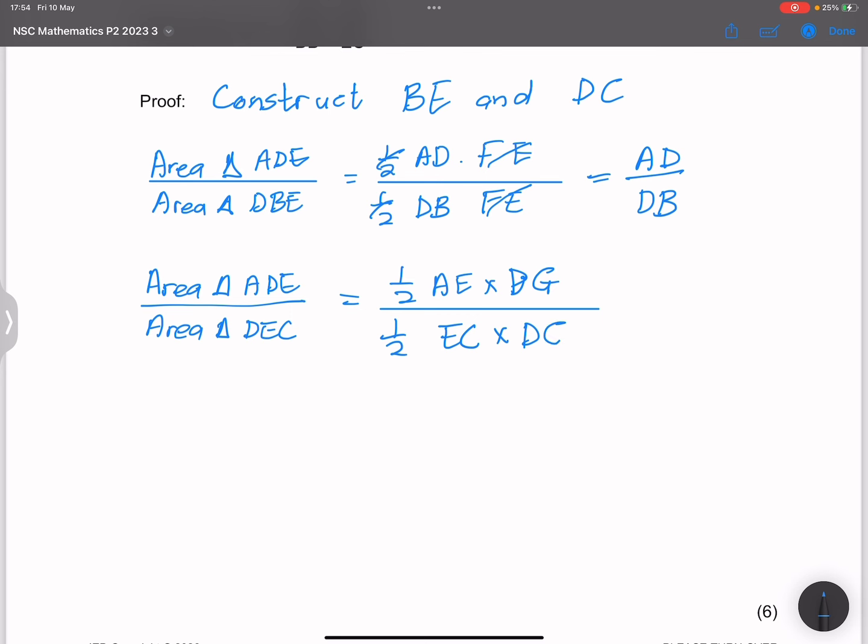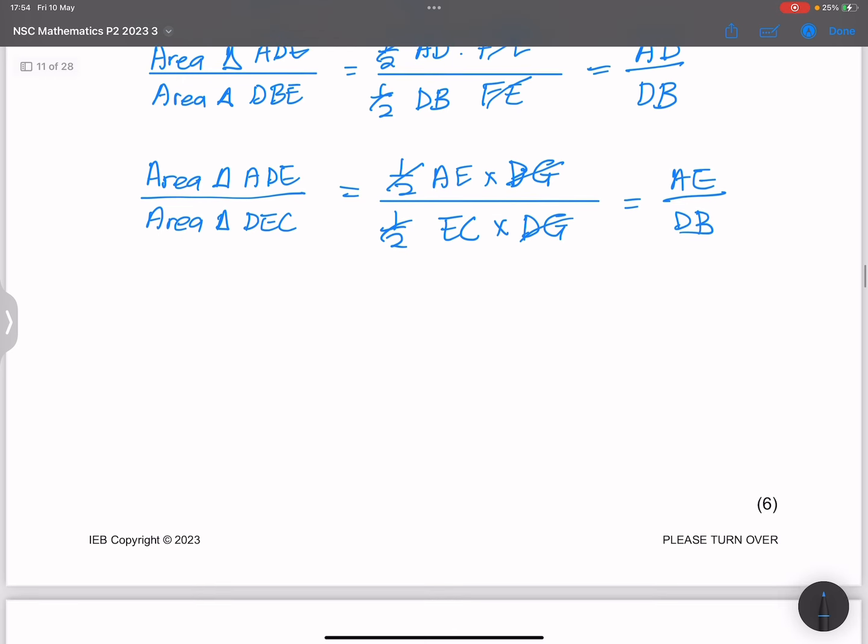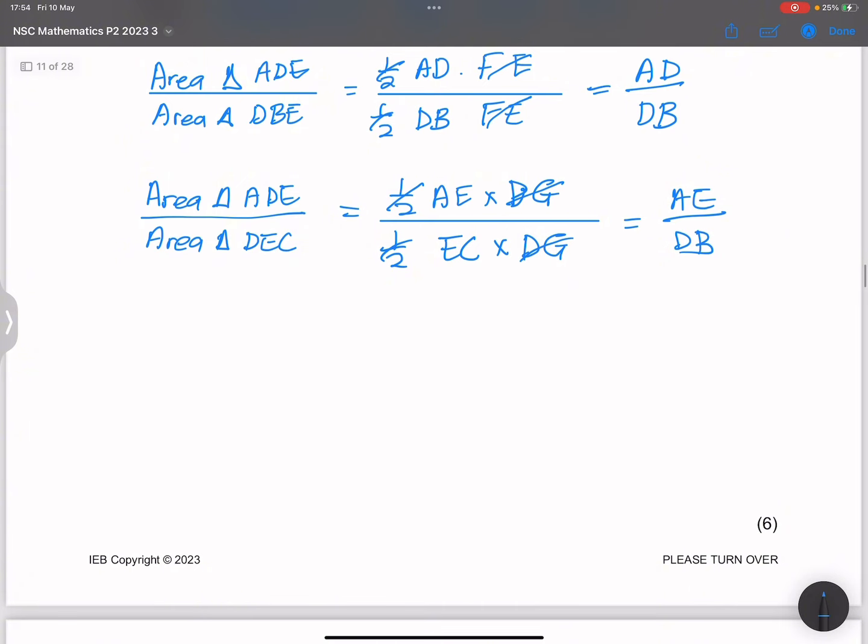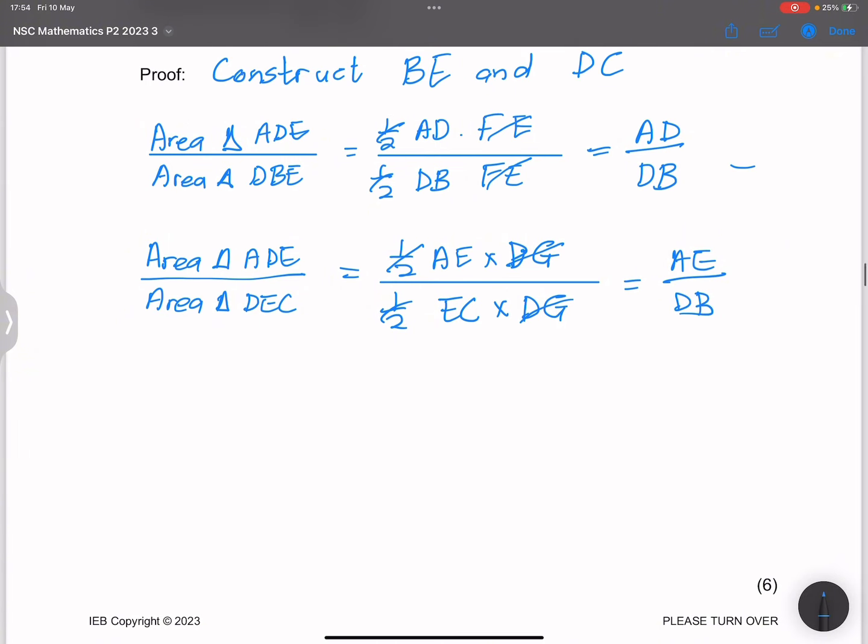Once again, you've got those two canceling out, and so you've got AE divided by EC. We can call this equation 1, and you can call that equation 2.